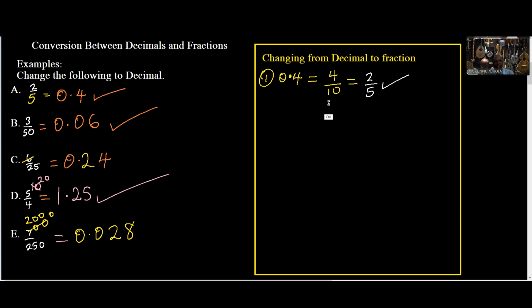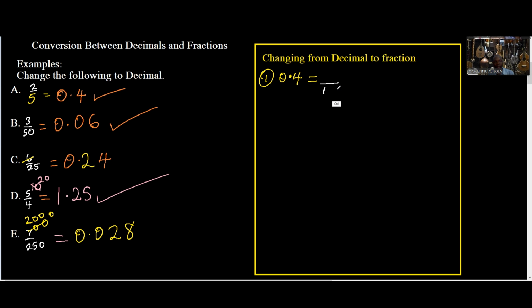Let me explain it again. We have 0.4 as the question. We're taking it to a fraction. Check how many digits are here. Only one. So we want to divide by 10, the number there. We will not put the 0 point again. How did you get 10 at the bottom?